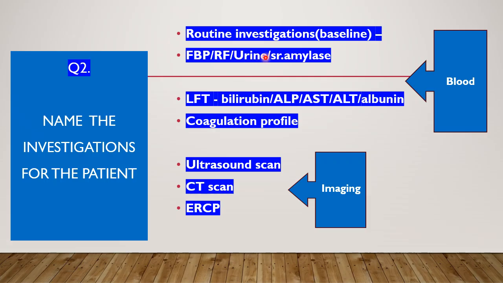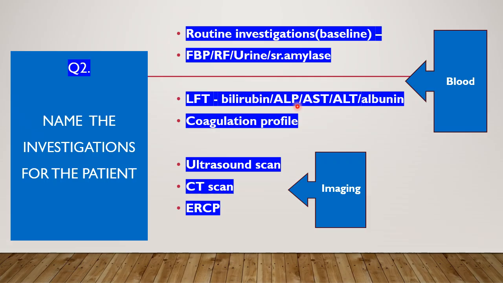Urine analysis and serum amylase, just in case it is acute pancreatitis. Liver function test is a very essential investigation for this patient. And we look into the bilirubin, especially the conjugated and unconjugated bilirubin levels, which will give us an idea of the nature of jaundice.